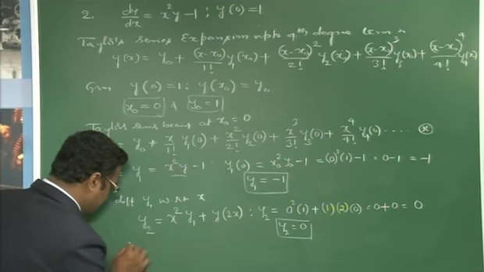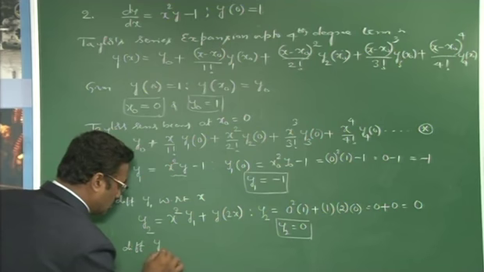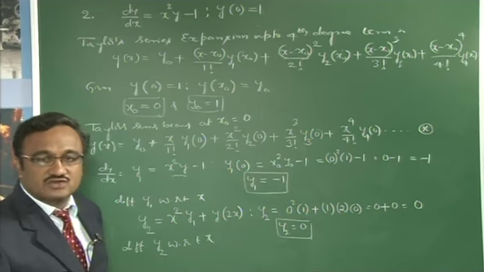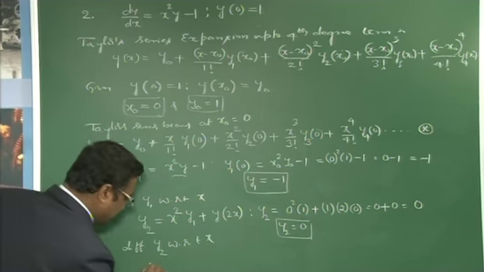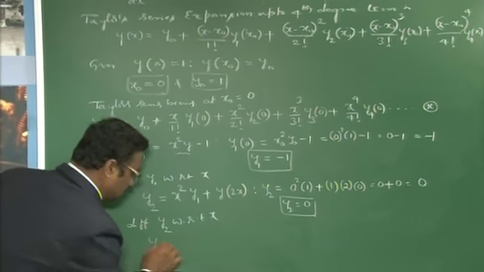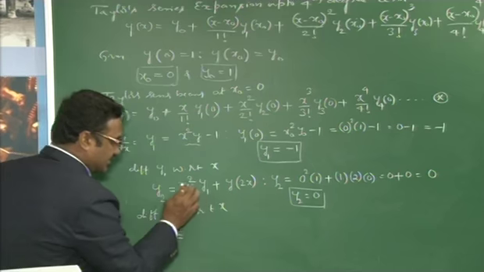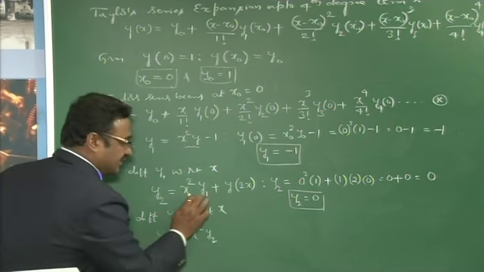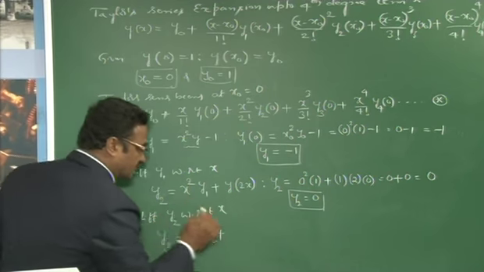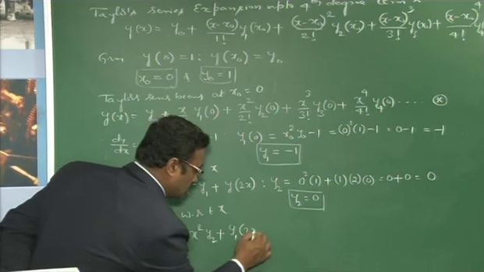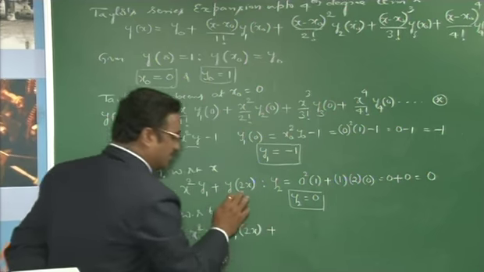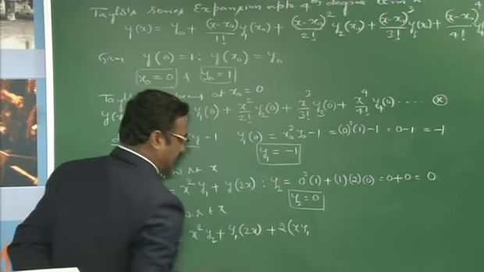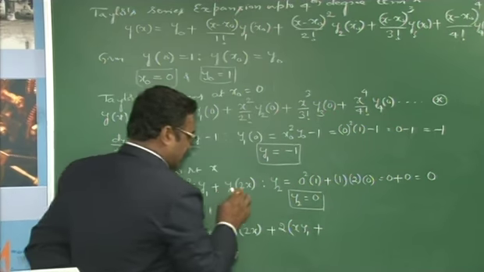Then again differentiate y2 with respect to x. It will give the third order derivative. Then y3 is equal to, again applying the product rule, first into second, x square y2, plus second into differentiation of first, y1 into 2x, plus again the product rule, taking 2 as a constant, first into second plus second into first.